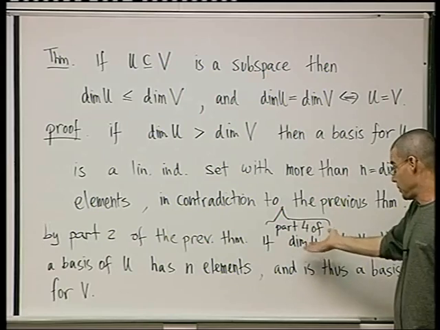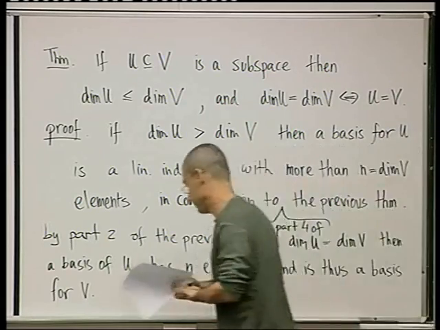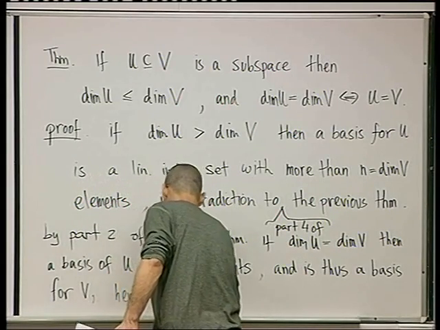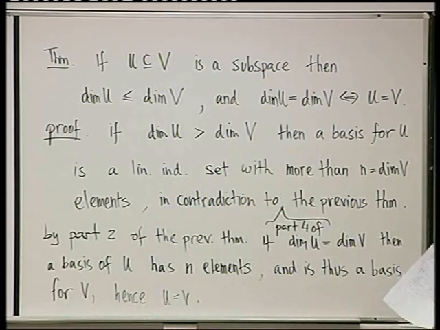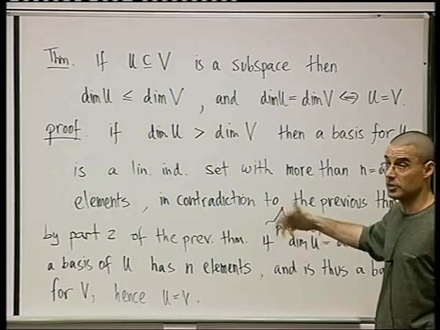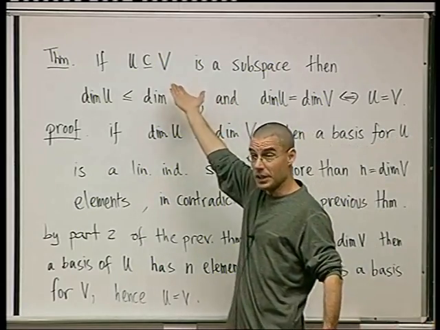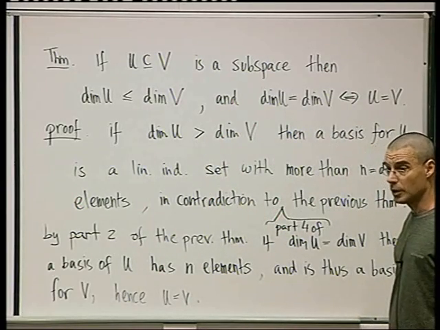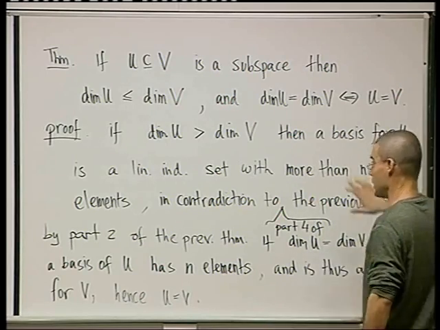Because it's generated by a basis for U. Okay, so V equals U. Hence, U and V coincide. Anybody in V is already in U, so V is contained in U, and a priori U was contained in V, so the sets are equal. Good? Follow the logic? Okay, so this is the first theorem that we have.